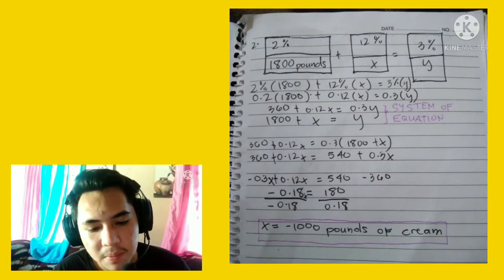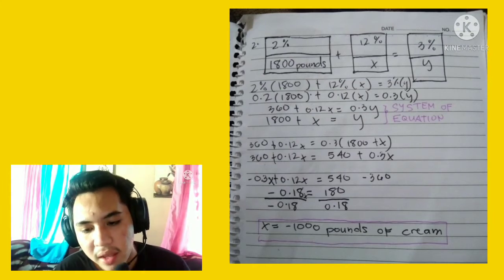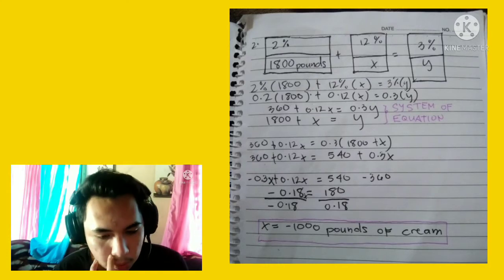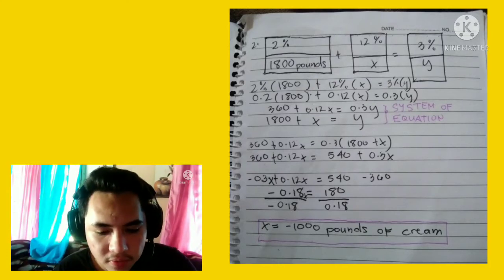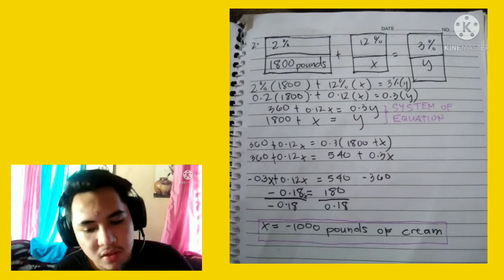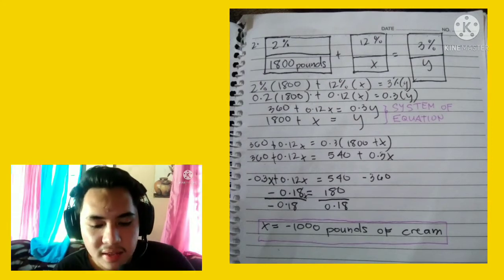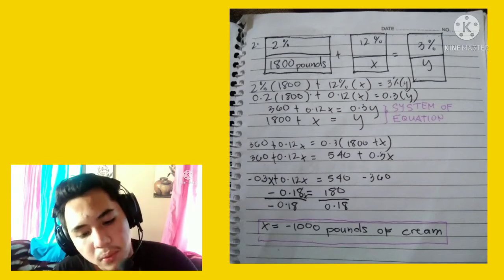So we will get 36 plus 0.12x equals 0.03 times our y, which is 1,800 plus x. Now, we can calculate. So 36 plus 0.12x equals 54 plus 0.03x. And we can solve.